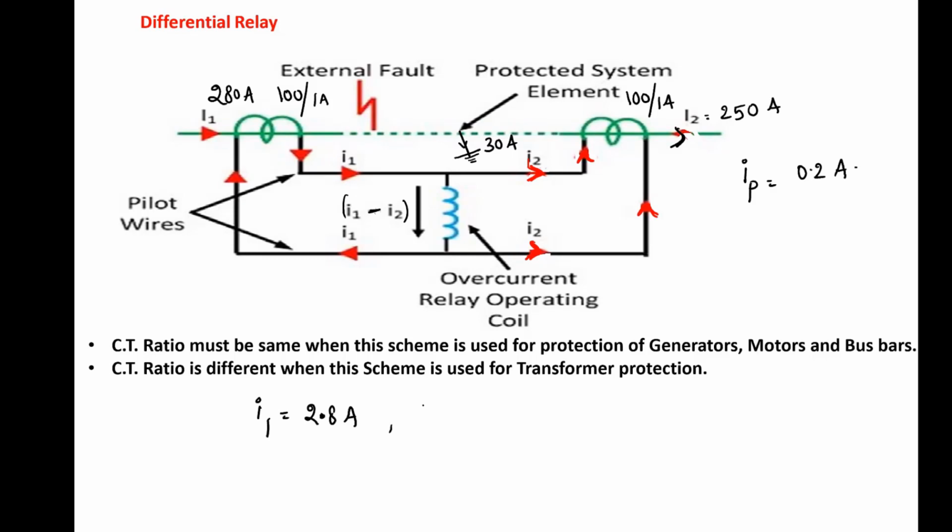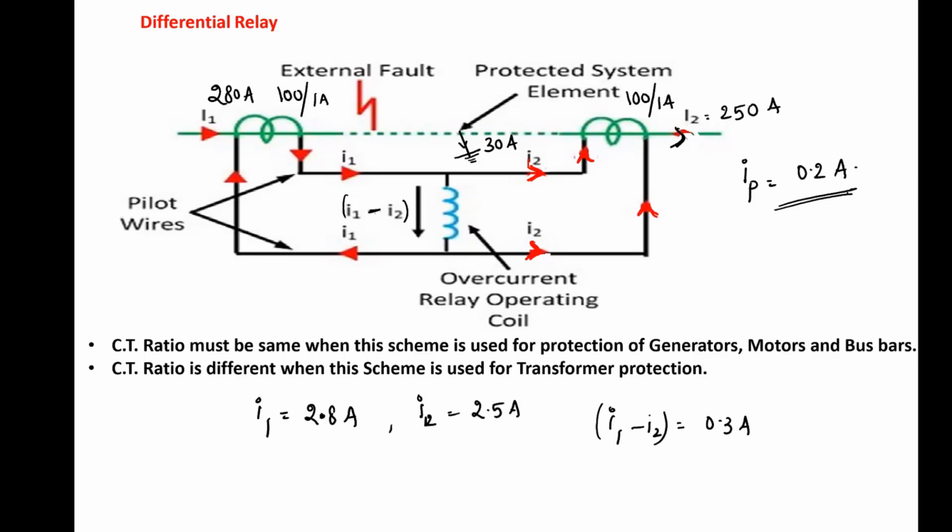What is small I2? 2.5 ampere. The difference between I1 and I2 is how much? 0.3 ampere. Is this 0.3 ampere greater than our pickup value? Yes, sir. So the relay will operate. That is how you have to understand this logic.